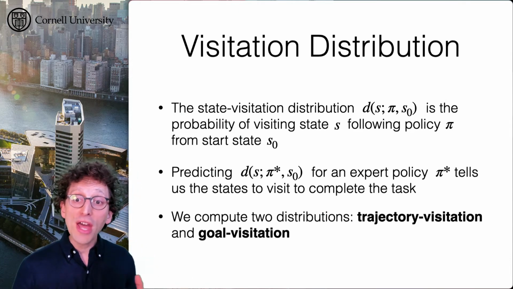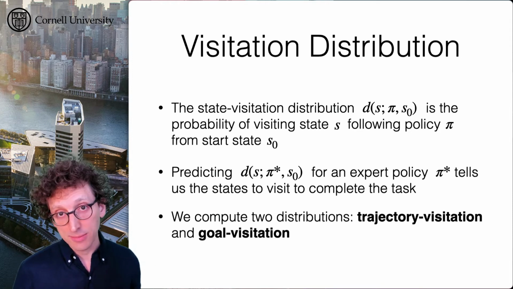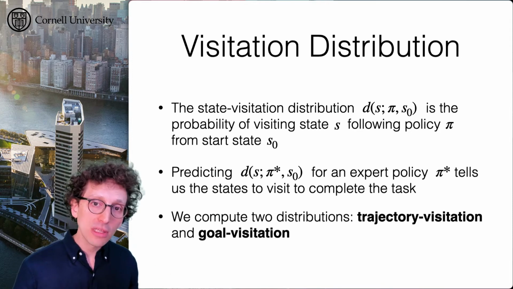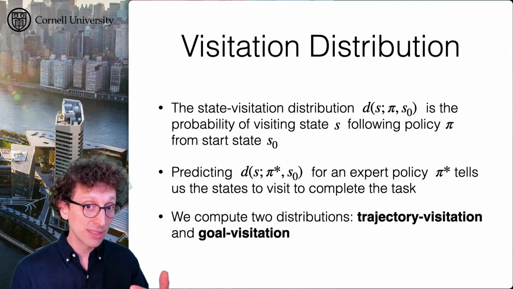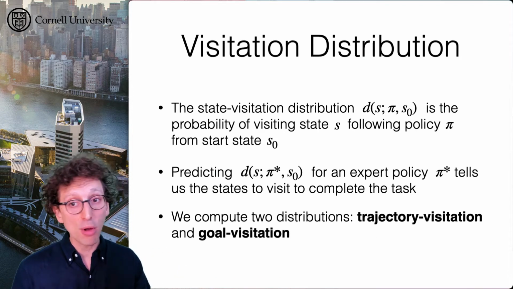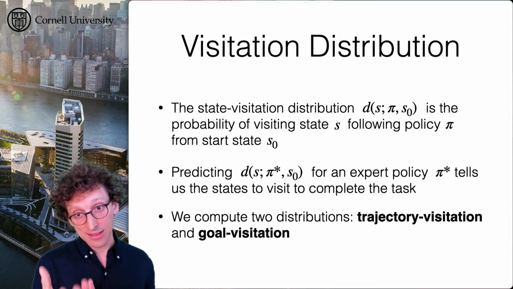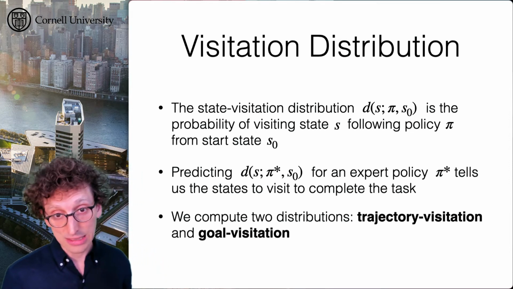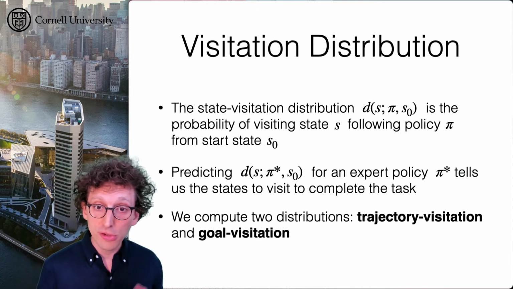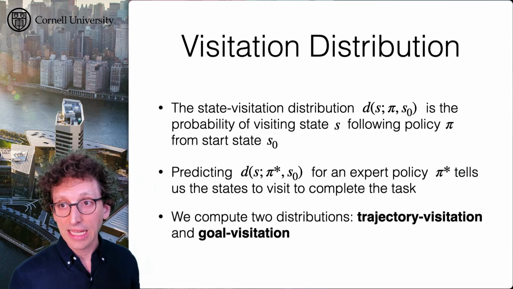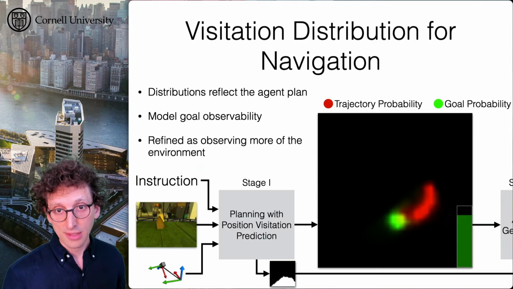Of course, we don't have access to this expert policy, but what we would like is to predict the distribution as close as possible to this pi star that we don't have access to. In practice, we compute two of these distributions, a trajectory visitation distribution and a goal visitation distribution.